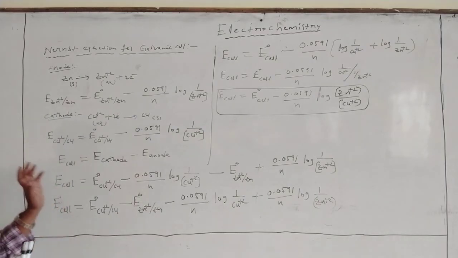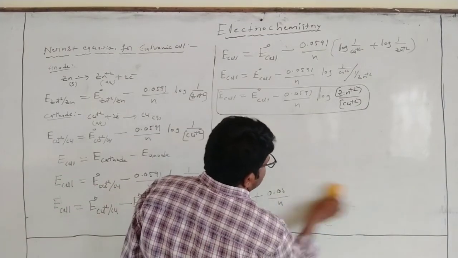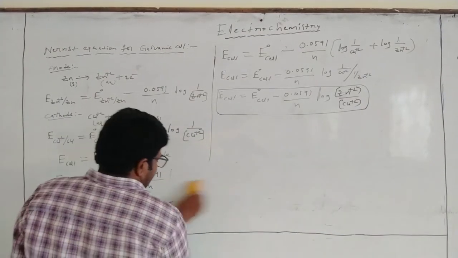So this is the Nernst equation, and this is how to calculate the electrode potential of a galvanic cell by using the Nernst equation. This is right. Now for a general reaction, how do we write the Nernst equation?